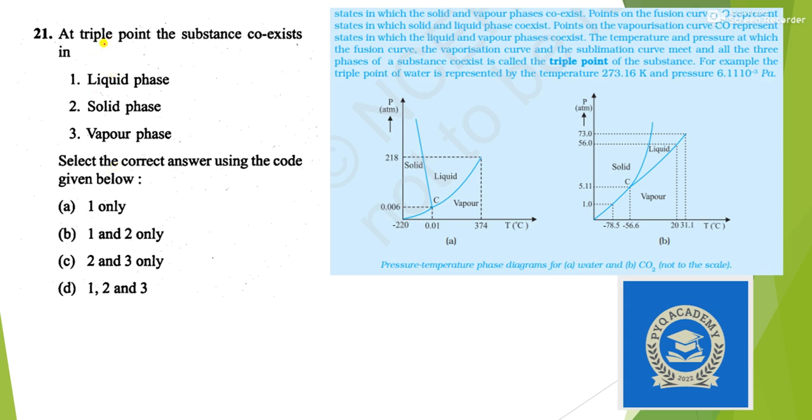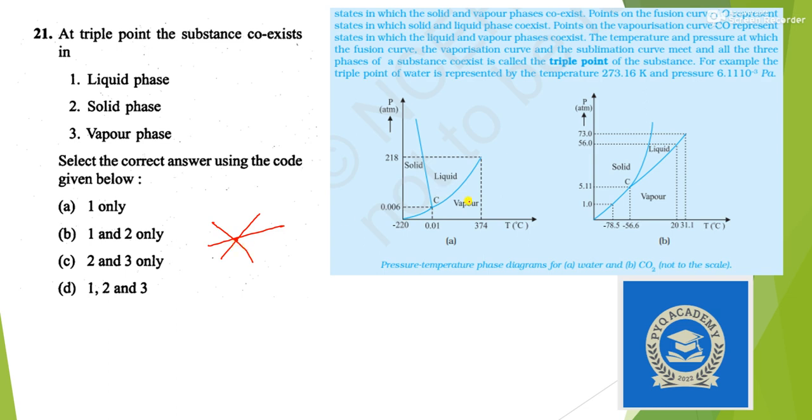Next, at the triple point the substances coexist. This is also taken from higher NCERT, but in this question you can get it correct just by guessing. A triple point means a point where three phases are touching each other.